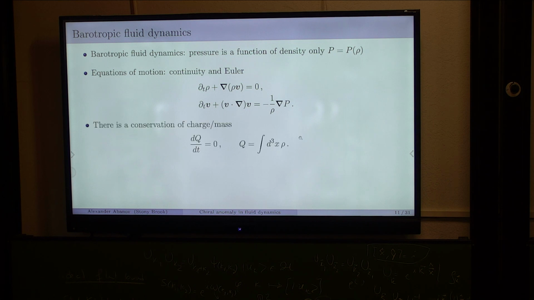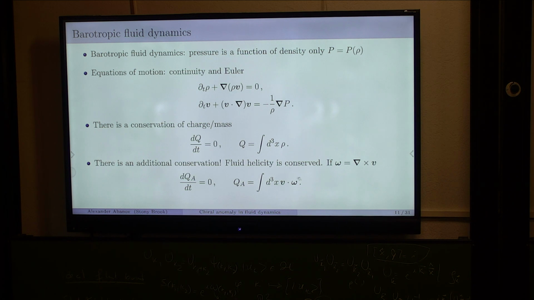Okay. And in this theory, there are two conserved charges. There is a conservation of charge or mass, which is defined just as the integral over three-dimensional space of the density. But also, less known, there is an additional conservation law, which is the fluid helicity.